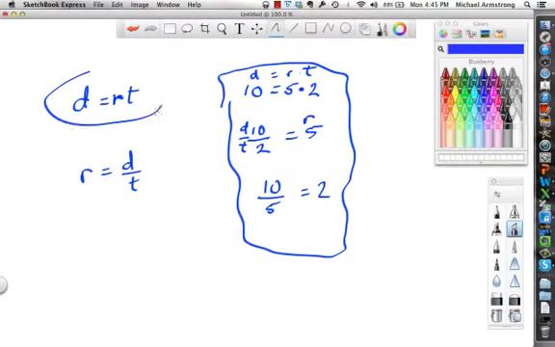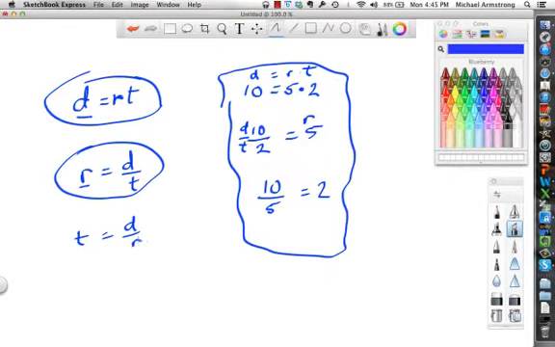I know this is the one we start with, and this is the formula that we move to. And these really are the same formulas. They're just written different ways. It depends on whether we're trying to find distance or whether we're trying to find rate. And technically, I could try to find time. Time would be distance divided by rate. That's what this one looks like. Time is 2, so this is the time equals distance divided by rate.